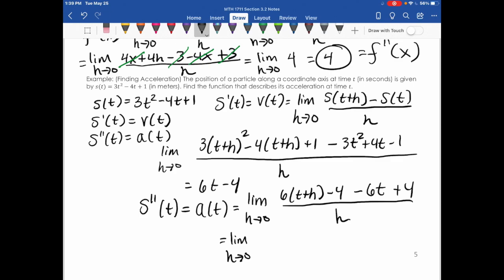So now when we combine like terms, factor, and do all that stuff and simplify it, what we're going to get is the limit as h approaches 0 of 6, which is a constant function, which is just 6.